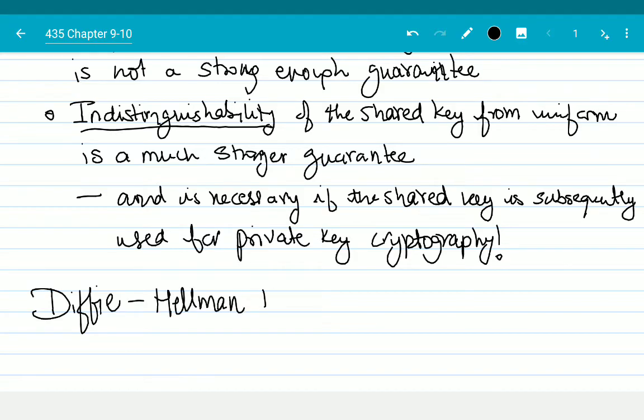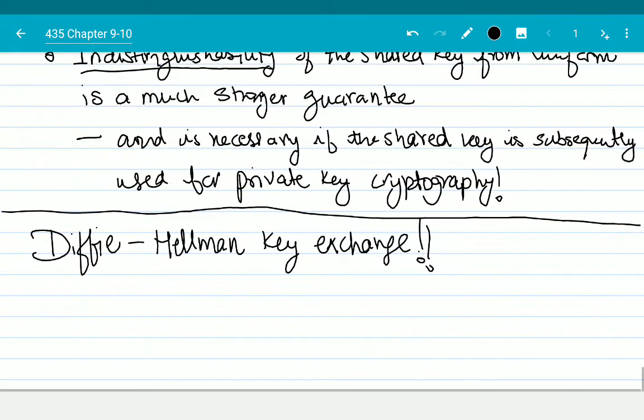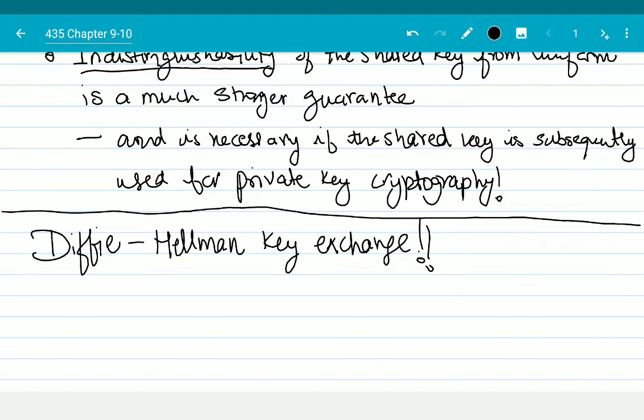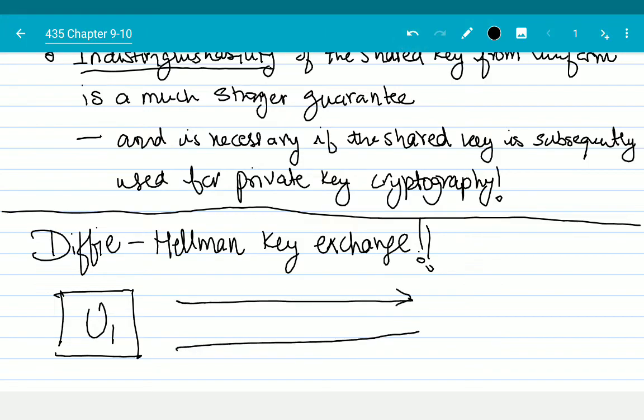Diffie-Hellman key exchange. Okay. How does this work? You have a user U1 and another user U2.